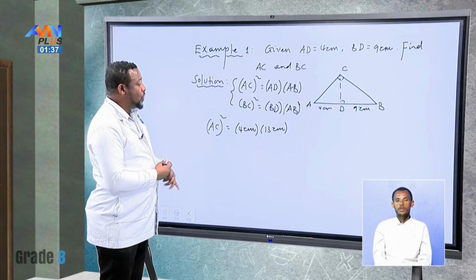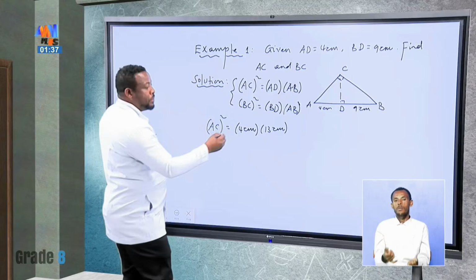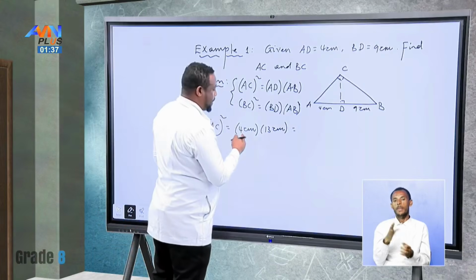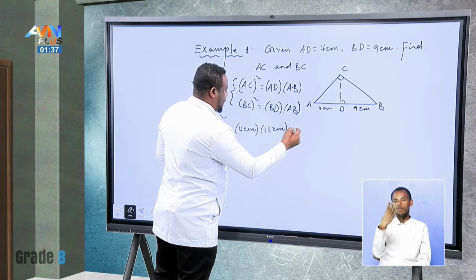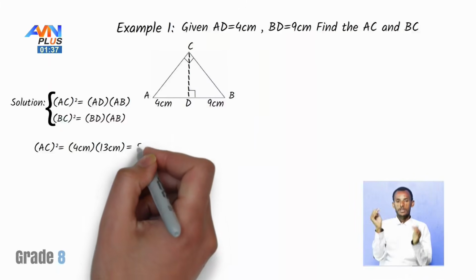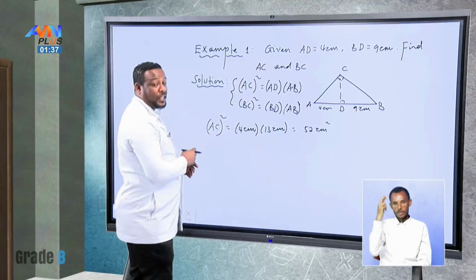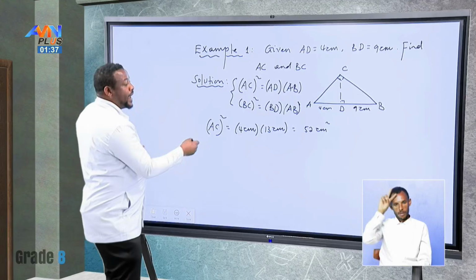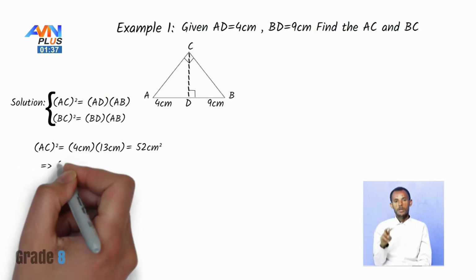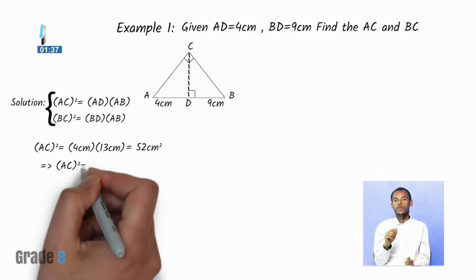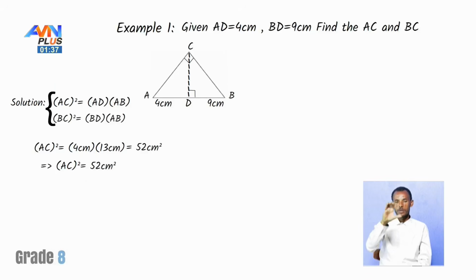So now this can be expressed as 4 times 13 is 52 centimeter square, because centimeter by centimeter is centimeter square. So AC square is equal to 52 centimeter square.